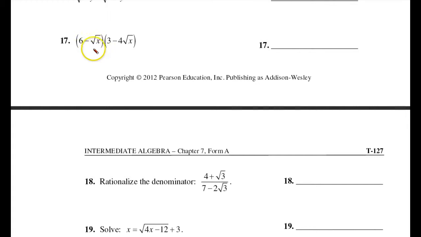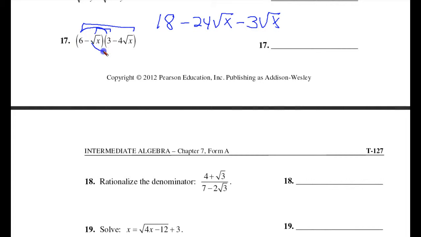Well, let me raise it up a little bit here. For number 17, they're asking us to FOIL. So let's do the old-fashioned FOIL here. 6 times 3 is 18. Now my outers will be a negative 24 square root of x. My inners, a negative 3 the square root of x.